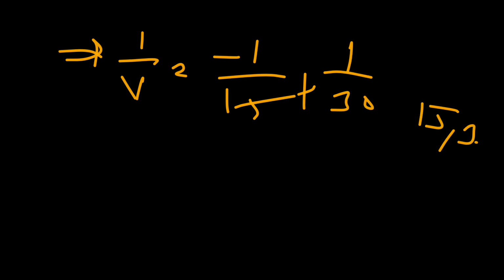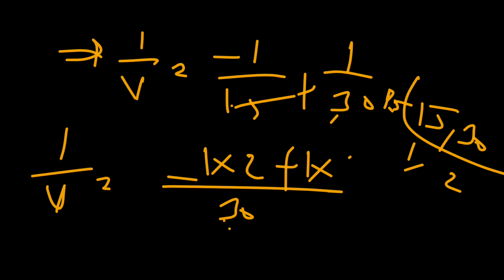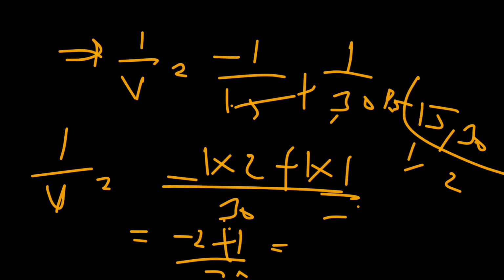If you do the LCM for 15 and 30, in the 15 table it goes 1 time and 2 times, so the LCM is 30. So 1 by v is equal to, in the 30 table, minus 1 into 15 goes 2 times, plus 1 into 30 goes 1 time. So minus 2 plus 1 by 30, which is nothing but minus 1 by 30.